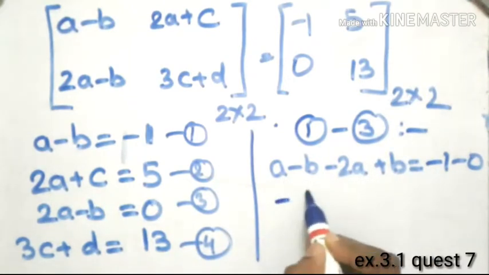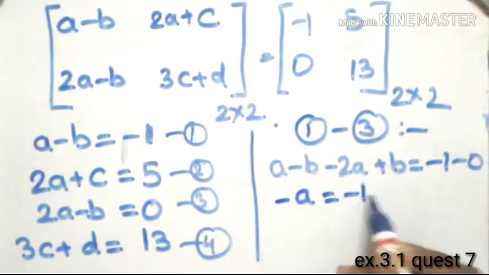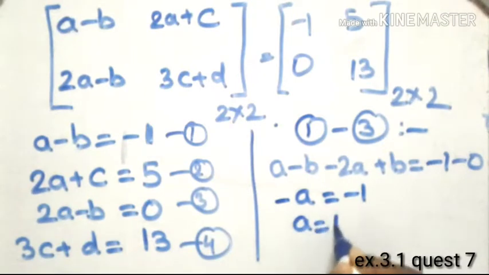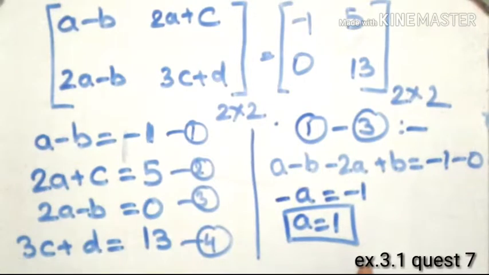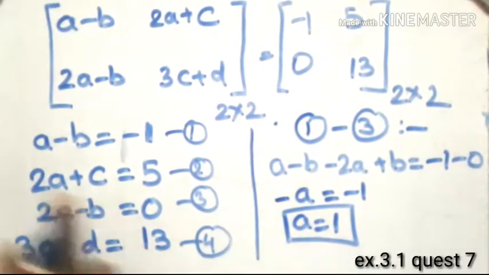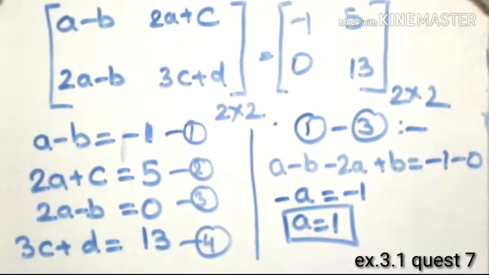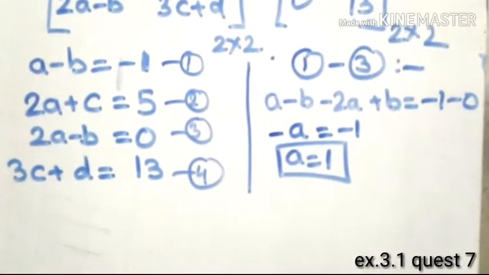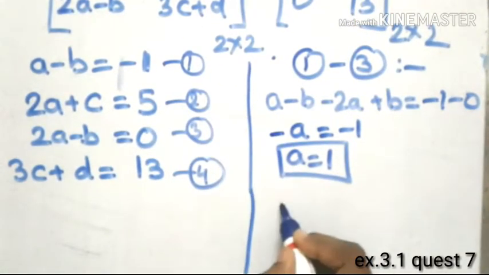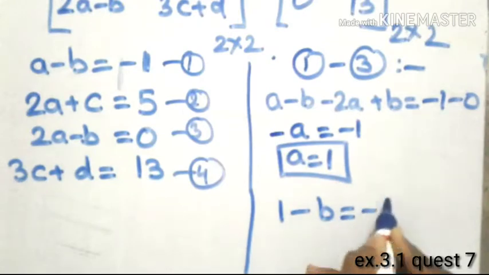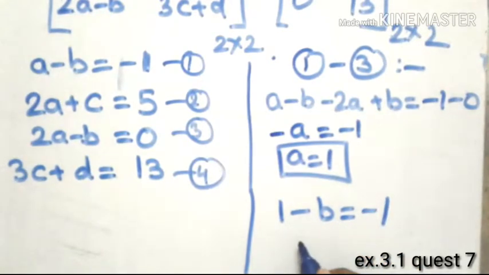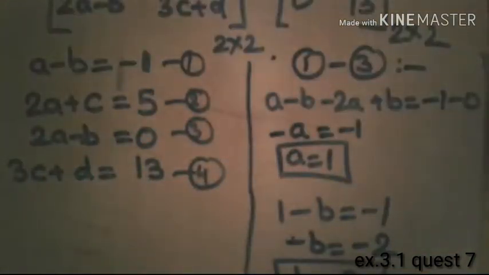So I'll be left with minus A equal to minus 1, which implies that A is 1. Great, I got my first value. Now straight away let me put it in the first equation and I'll get the value of B. So here I am. 1 minus B is equal to minus 1. So that implies that minus B is minus 2. Once again, B is 2.